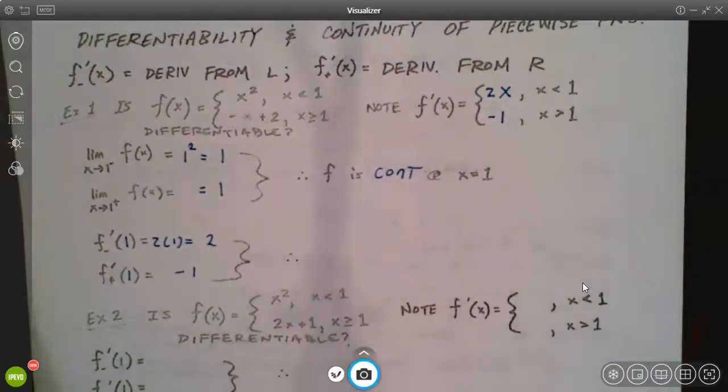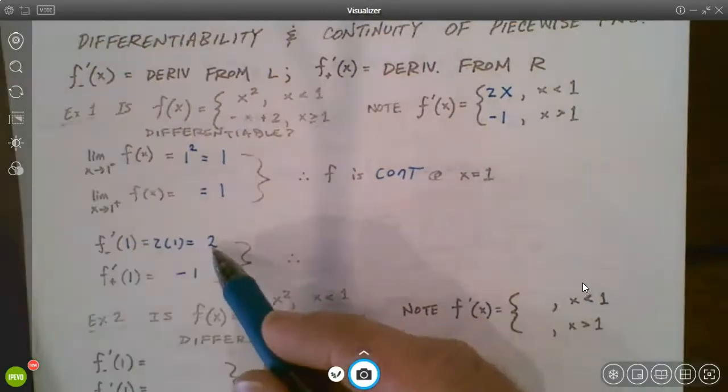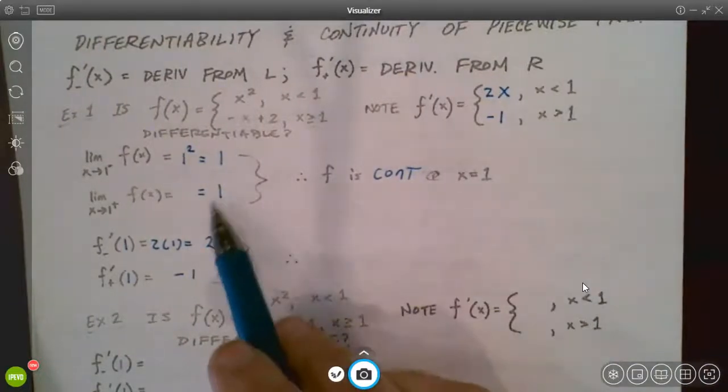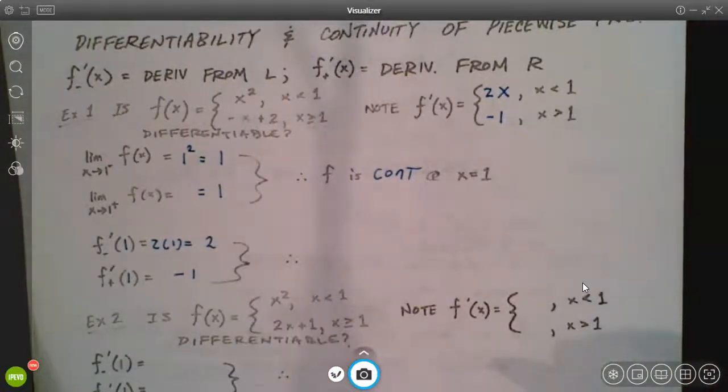Obviously, those are not the same, which means just like in the graph that I showed you on the previous page, it was undefined at certain points because the slopes were not the same on either side of that point. So if this one is approaching a slope of 2 and this one is approaching a slope of negative 1, as you land on this value, it has to be undefined, and it's not differentiable at that point.